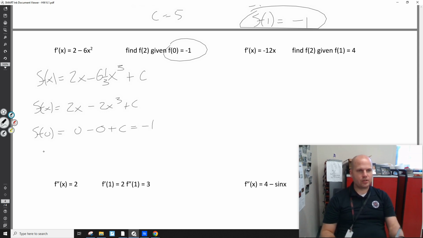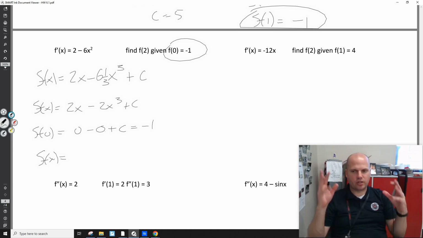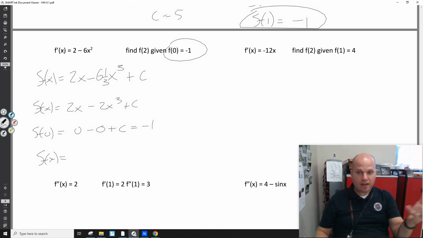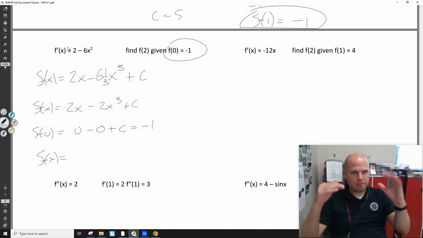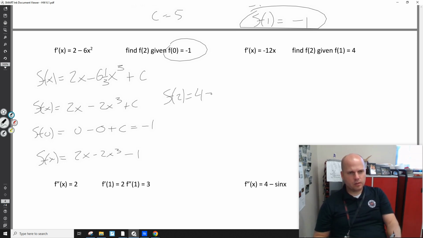Okay, I got C. So this is what's called a specific f of x, a specific solution to my differential equation, a differential equation being like an f prime equation. Solving it meaning go backwards, find what f is. f of 2 is 4 minus 16 minus 1. It's minus 13.